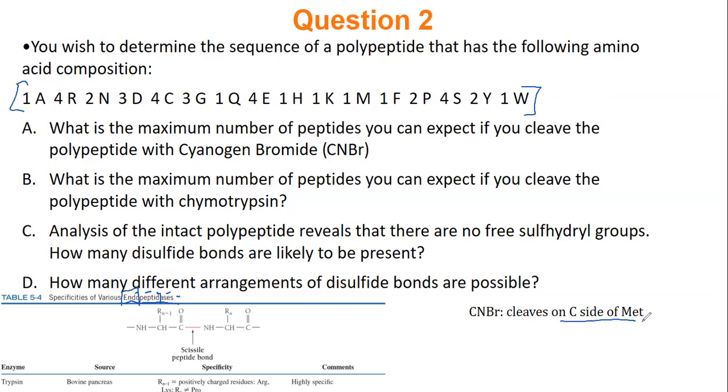So based on my amino acids up here, what is the maximum number of peptides I might be able to get if I cleave a peptide with cyanogen bromide? What is the maximum number of peptides?